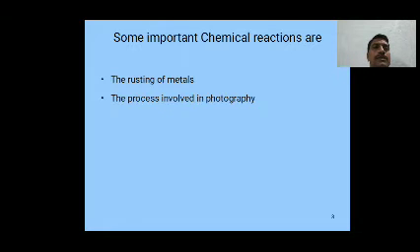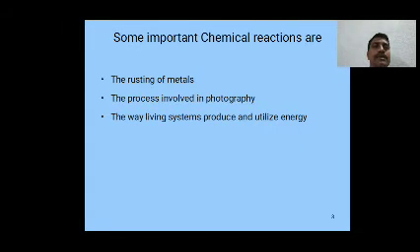Another process is photography. In photography, some chemicals are used. Those chemicals transfer electrons from one substance to another substance to form the photography film.